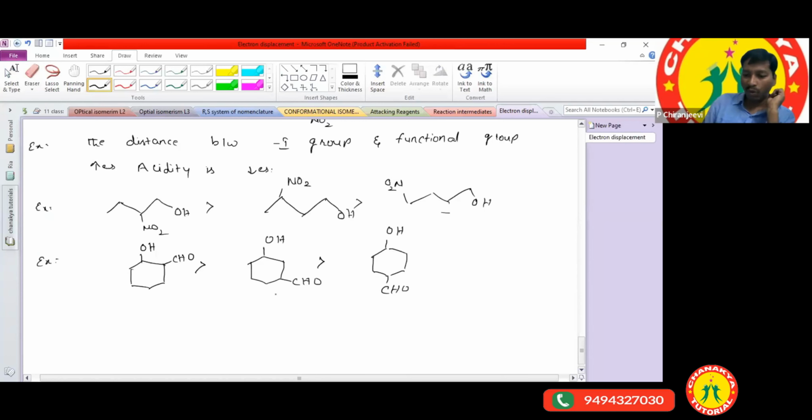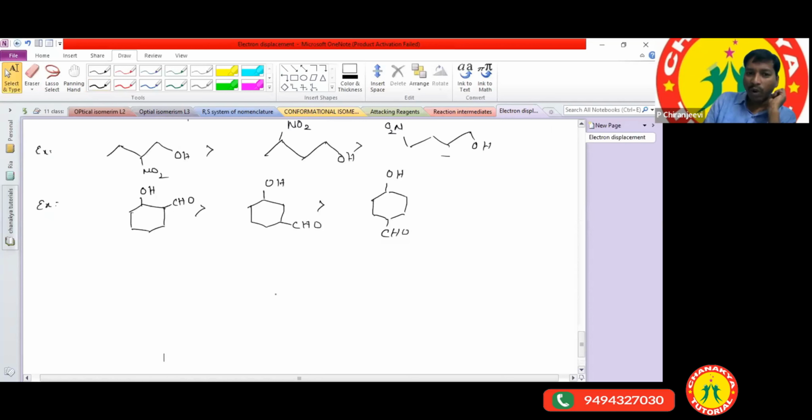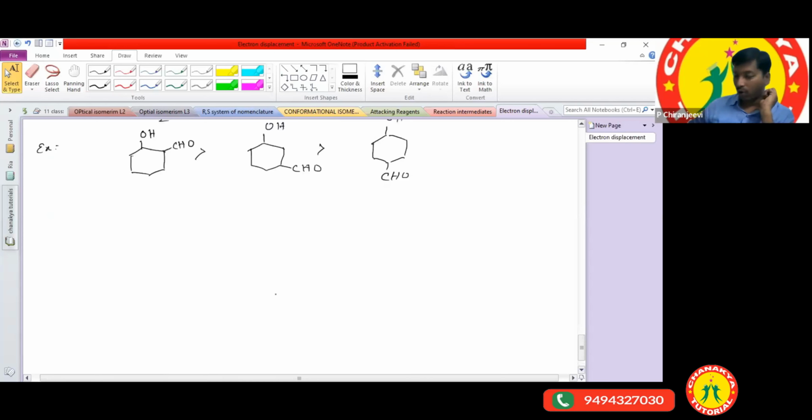Okay, and one more condition. Here the number of electron withdrawing groups increases. When the number of electron withdrawing groups increases, the acidic strength also increases. What is an example?